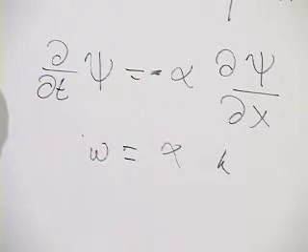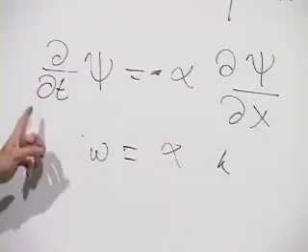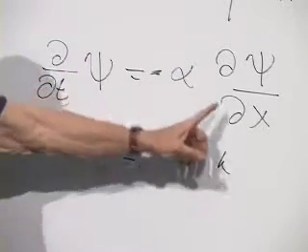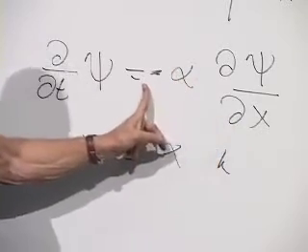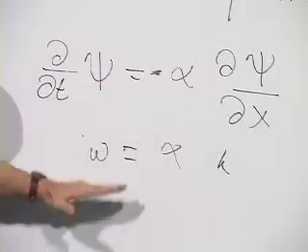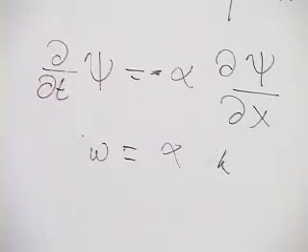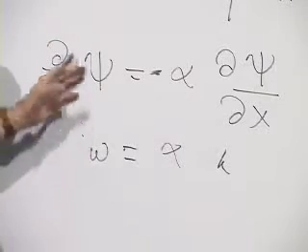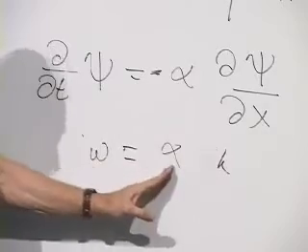The reason is that d by dt gives you minus i omega, and d by dx gives you minus ik, so that cancels a minus sign. This is just a shorthand trick for rewriting this. It says when you apply these objects to a plane wave, you get the relationship that omega is either k or minus k.